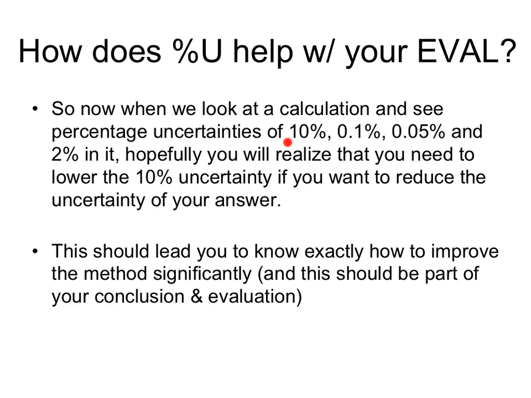So like this 10%, for instance, whatever we measured with that gave us a 10% uncertainty, that's fairly high. Is it reasonable that we might be able to find a piece of equipment that could lower our uncertainty? And if so, then you should talk about that in your evaluation. It would be a good source of error and a good fix.